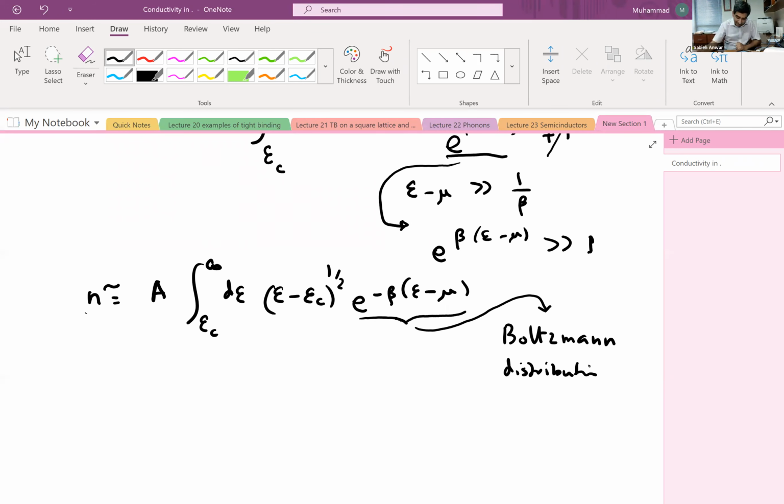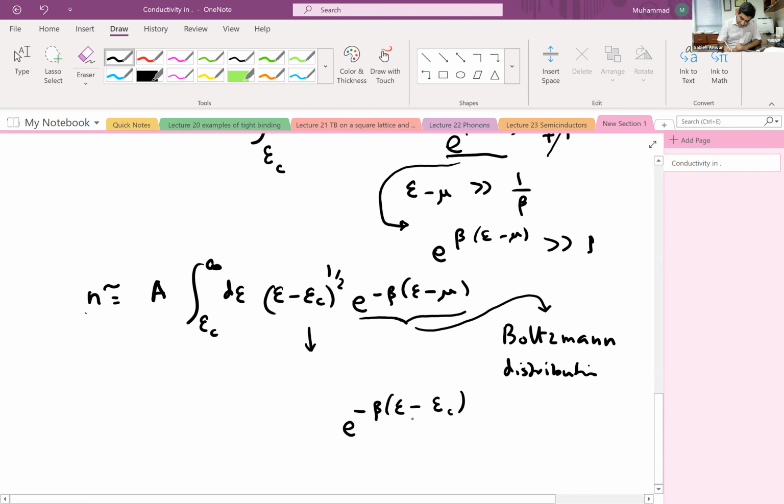Anyway, if I proceed onwards from here, I could do the following trick. I could replace this mu by EC, and then I would need to multiply with EC minus mu, I think, right?